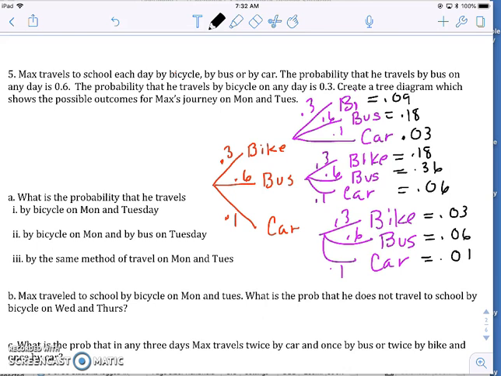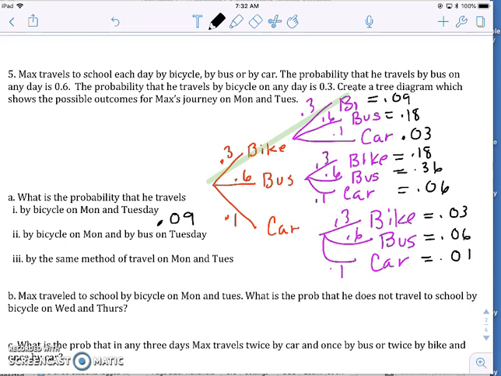Alright, so this first one here: what is the probability that he travels by bike on Monday and Tuesday? So bike and bike, so that's that line, 0.09.